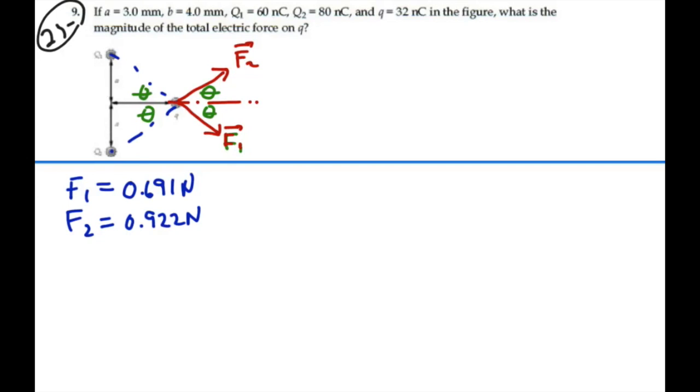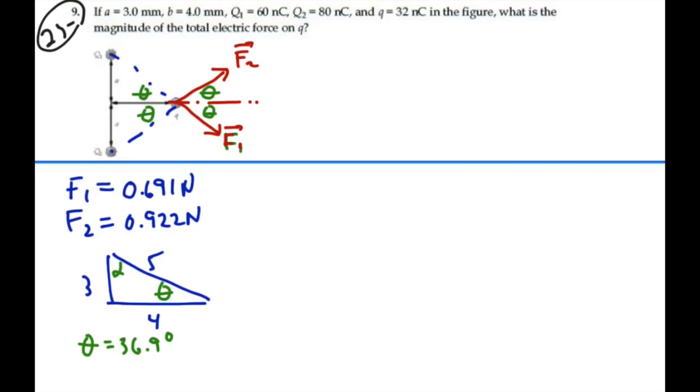And if you know theta, it's a 3-4-5 triangle. So you've got your situation like this, the 4, the 3, and the 5. And here's your angle theta. You could do the inverse tangent of 3 over 4, and you would determine that theta is 36.9 degrees, and the other one being 53.1 degrees for alpha.